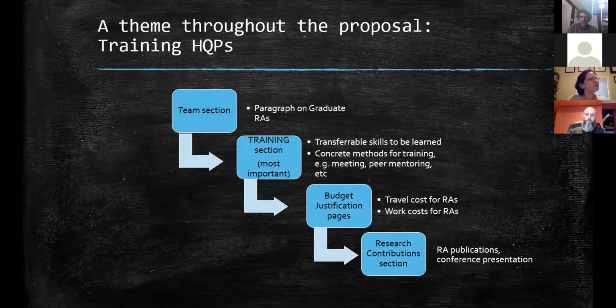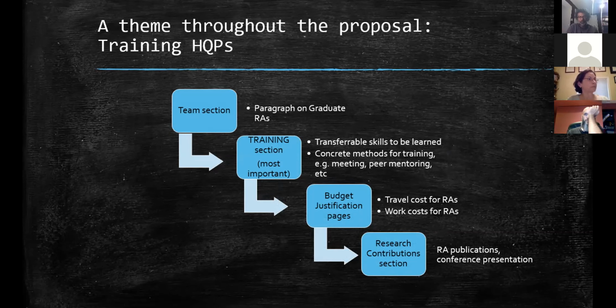So for example, in your team section, if you can say something about the graduate students with whom you're working, then in the training section, that's probably the most important for HQPs, if you can say concretely what you're going to do to support training those students. Then in your budget justification, that should match your training section and your team section. So for example, something SSHRC Insight is interested in is students getting international opportunities.